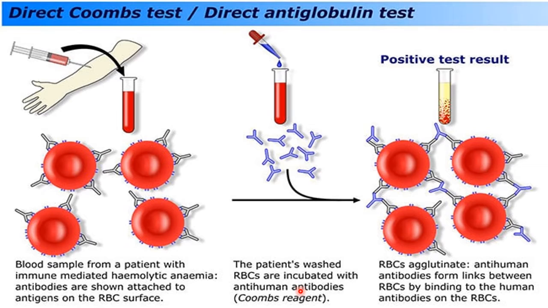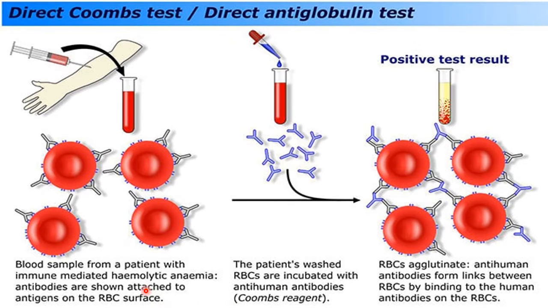The direct antiglobulin test, as the name suggests, is direct because the patient will already have sensitized RBCs. Sensitized RBCs are RBCs to which antibody is attached but no visible agglutination is seen. When antiglobulin reagent is added, they bridge the gap and agglutination is seen.